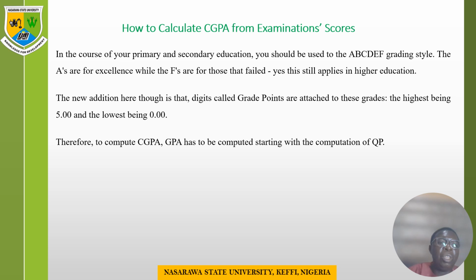The new addition here, though, is that digits called grade points are attached to these grades, the highest being 5.00 and the lowest being 0.00. Therefore, to compute CGPA, GPA has to be computed, starting with the computation of QP, which is the quality point. So let's look at the computation of QP.